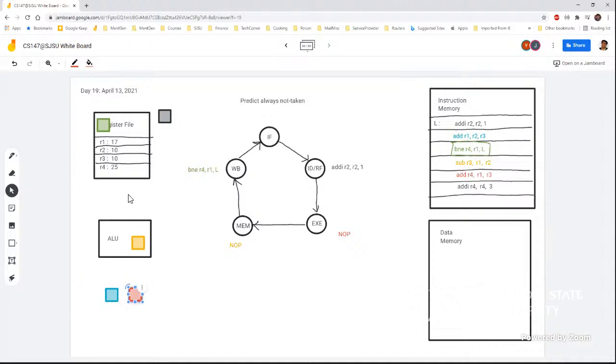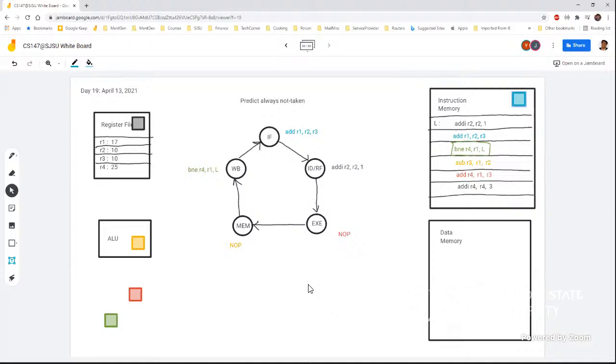Since they are NOPs, let me decommission those resource accesses. And now it is reading back this guy, and it will now fetch this instruction. The next one is unambiguous, we can fetch this instruction again.